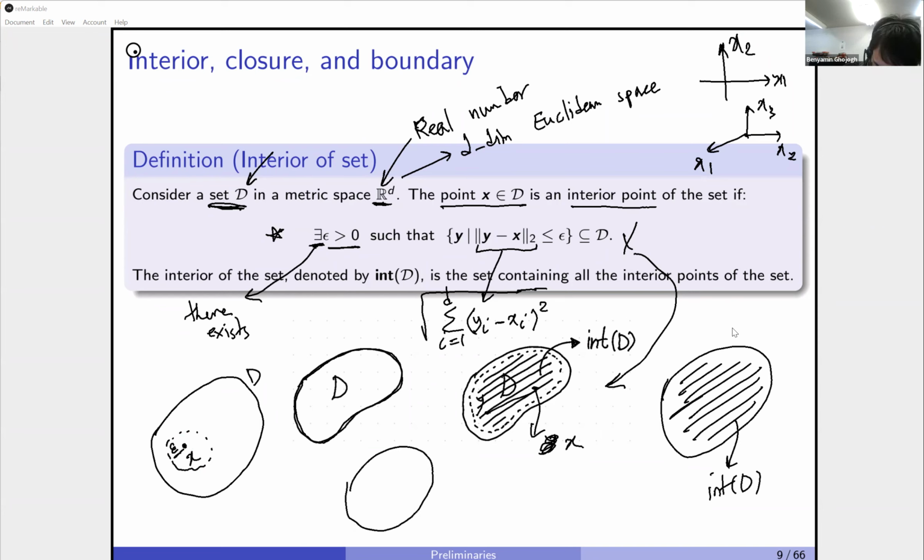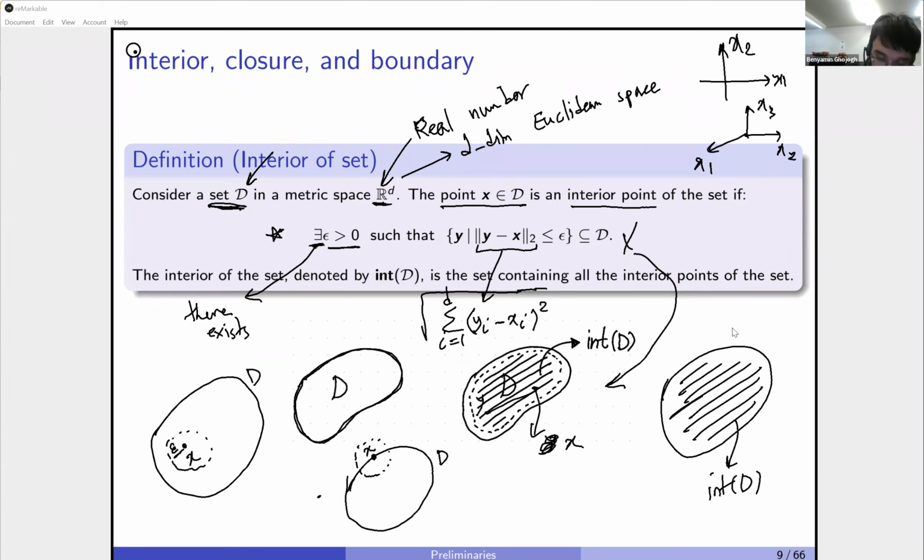If the point is on the boundary of D, is it an interior point? No. Because some of its neighborhood, I mean this part, is not inside D. Therefore, the boundary is not the interior.